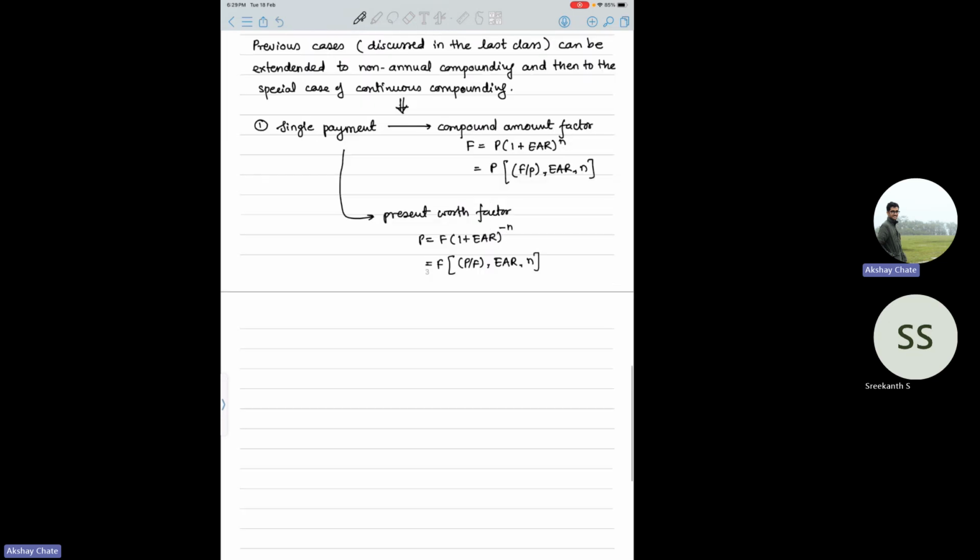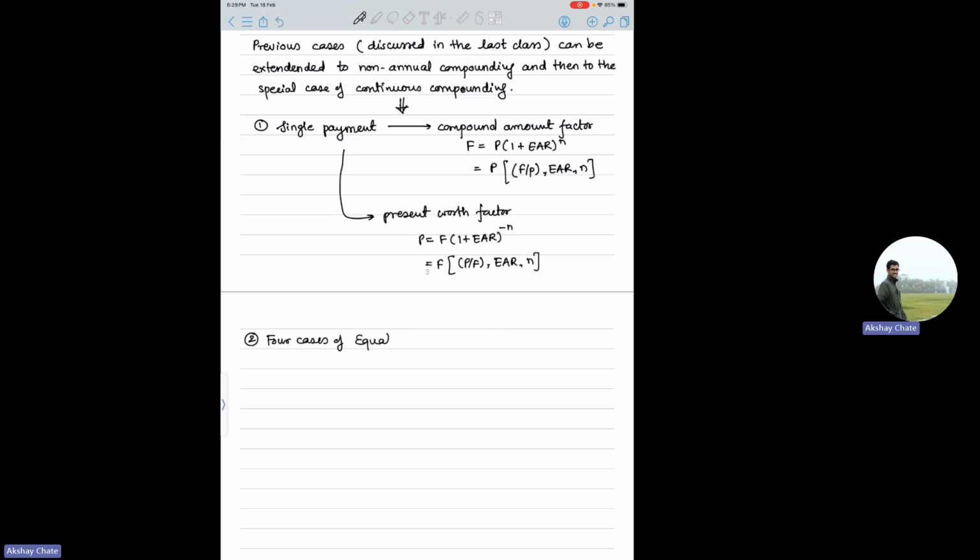Then there were four cases of equal payment series, so there also replace I by this EAR value. This is assuming that we are not doing continuous compounding.